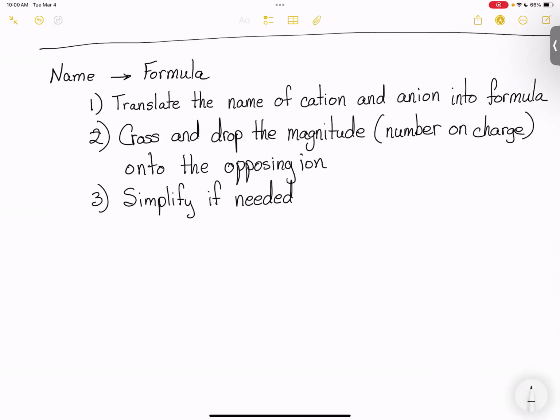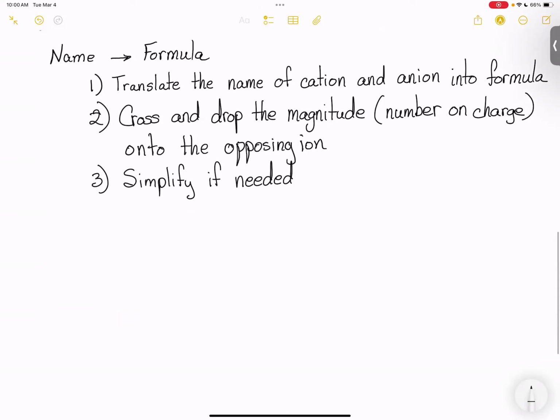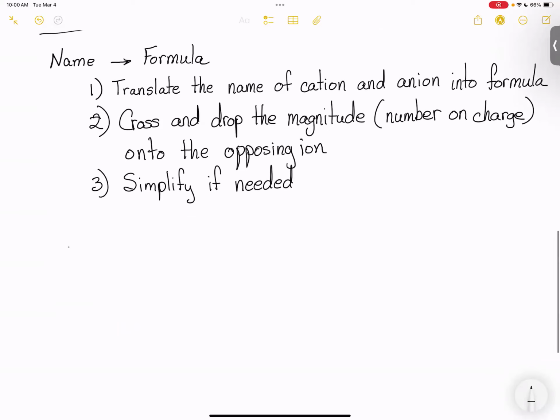Okay, let's look at this in action. So let's take the compound chromium 6 oxide. What does the Roman numeral tell me?